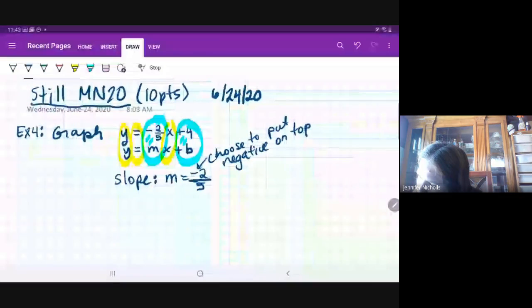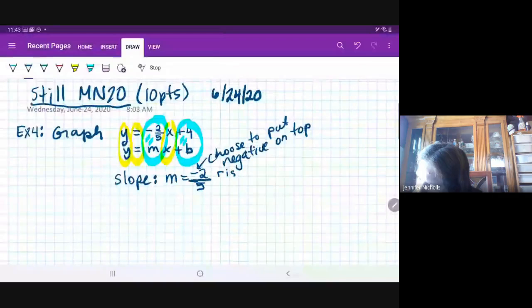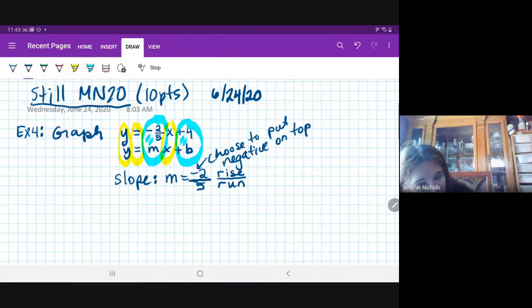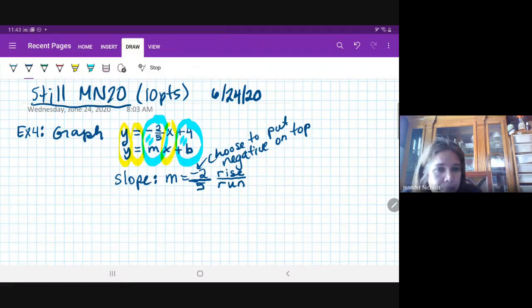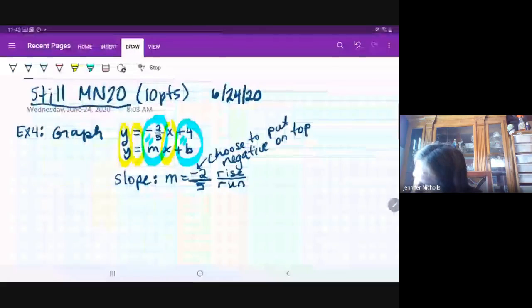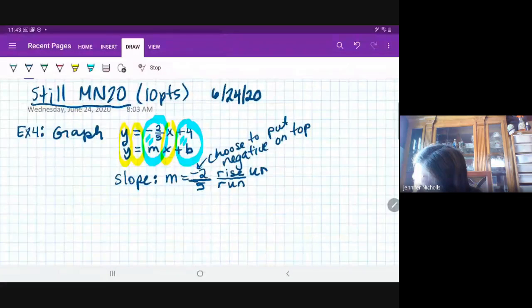Okay, and then I'm going to write this, which I did not write last time. I'm going to write rise over run. Do you remember seeing the words rise over run in your previous math classes? Yeah. So rise has to be up or down, and run has to be left or right.